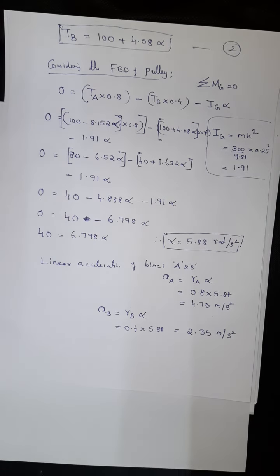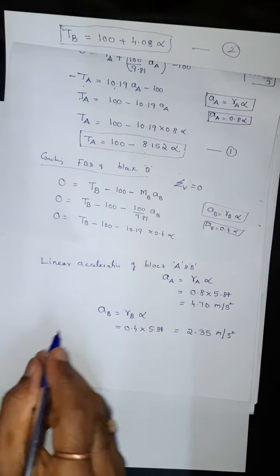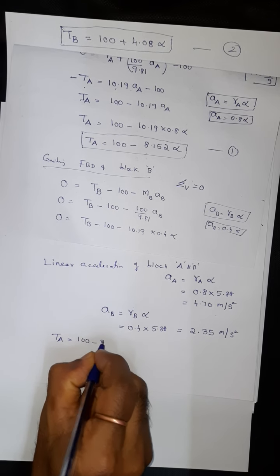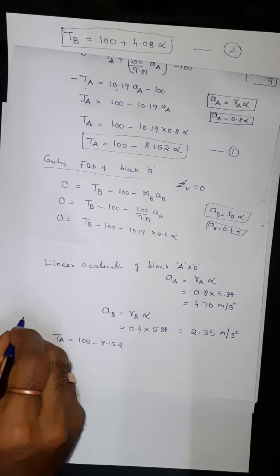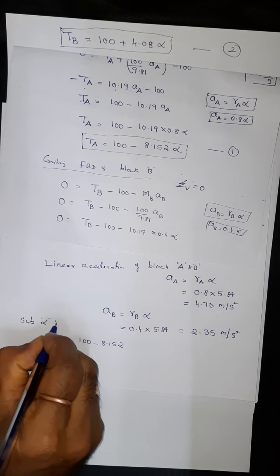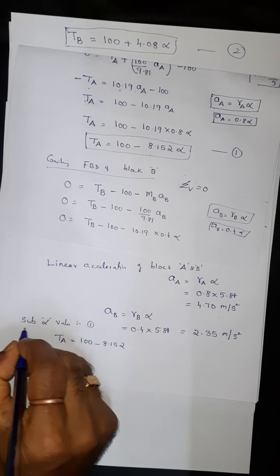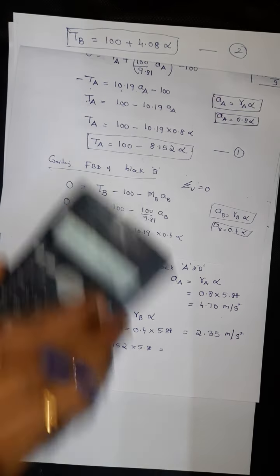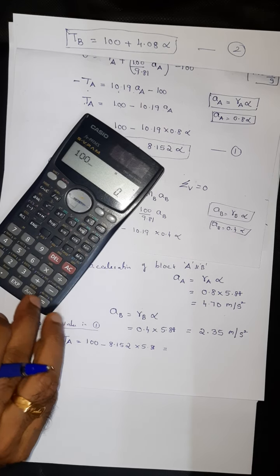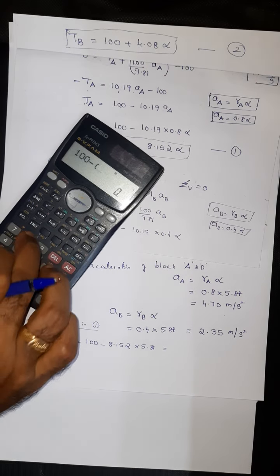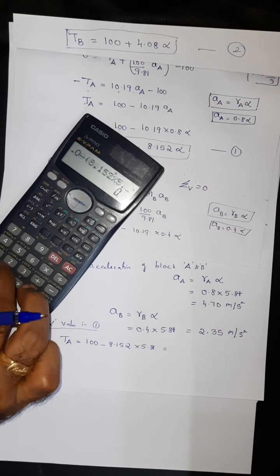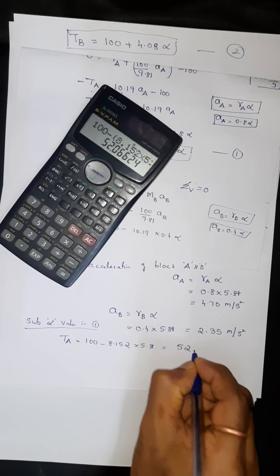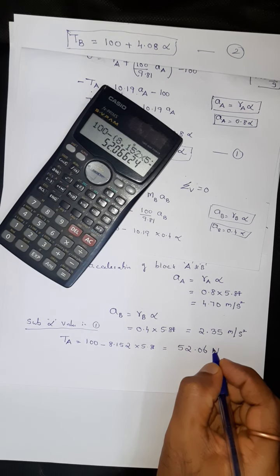TA equals 100 minus 8.152, substituting the alpha value in equation 1, into 5.88, which is 100 minus 8.152 into 5.88, which is 52.06 Newton.